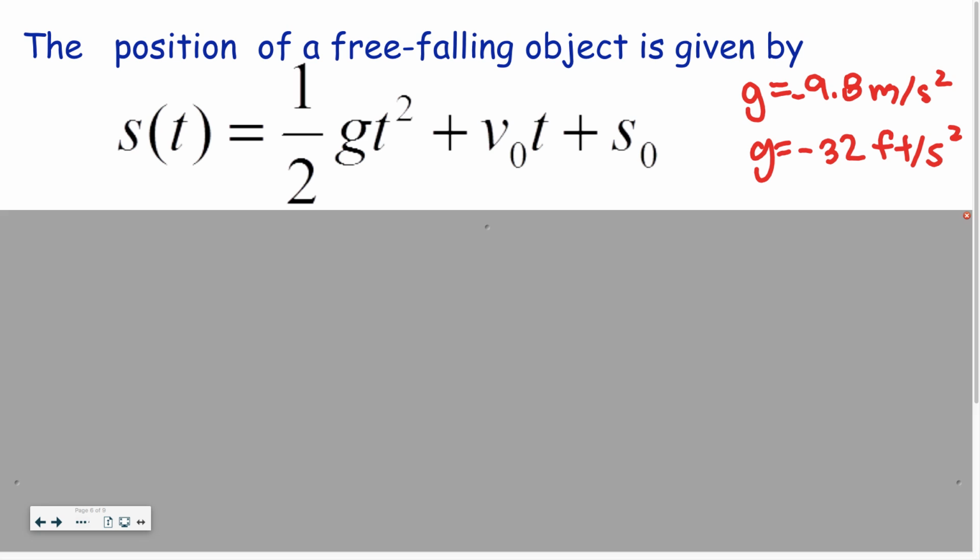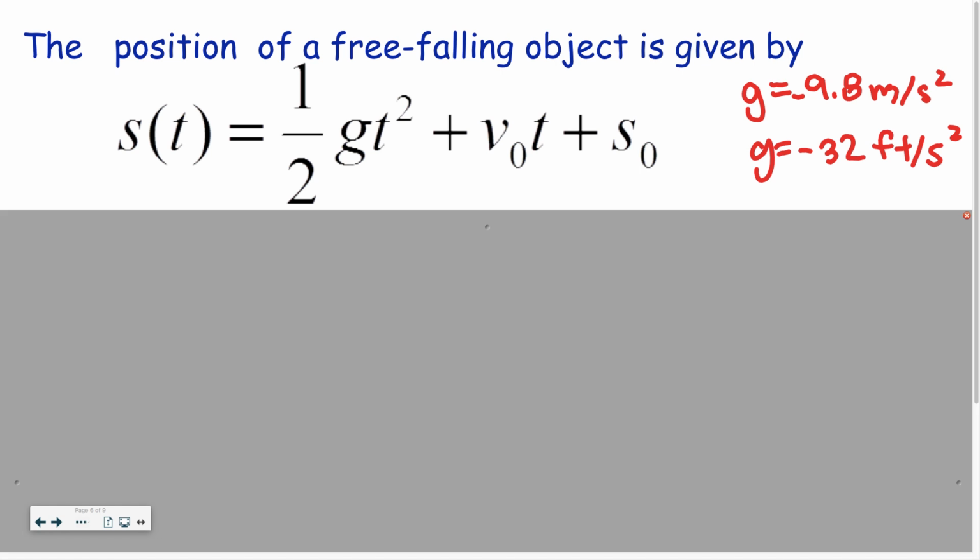Okay? V sub 0 stands for, okay, what does V naught stand for? Initial velocity. Okay? If you're dropping something, the initial velocity is going to be 0. But if you're throwing something towards the ground, you're going to have some sort of initial velocity. And if it's in the downward direction, it's going to be negative. Okay?